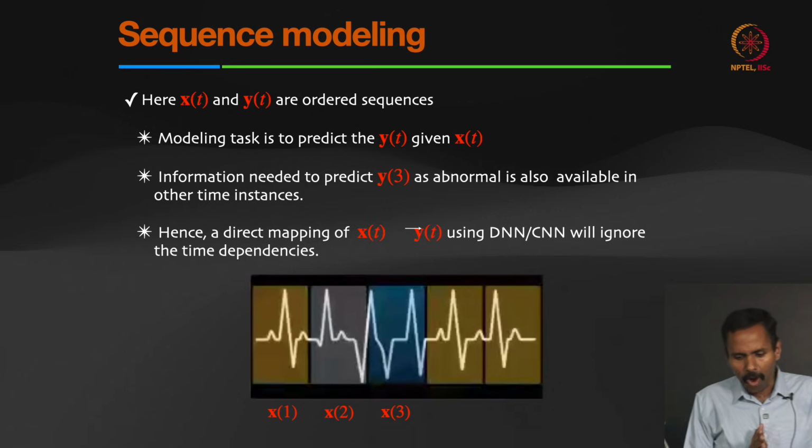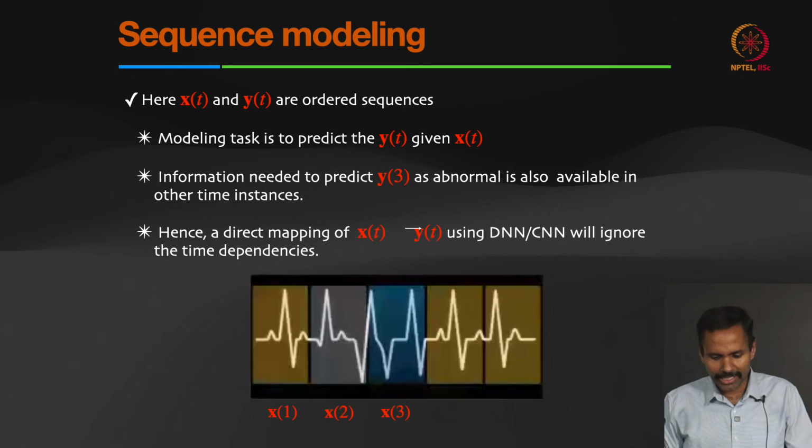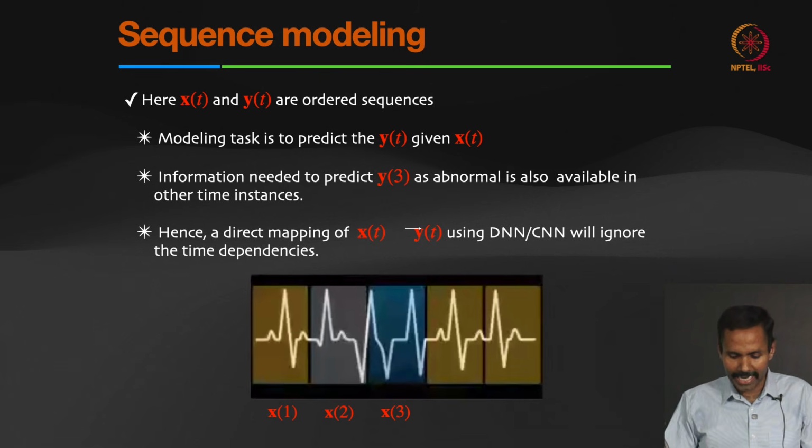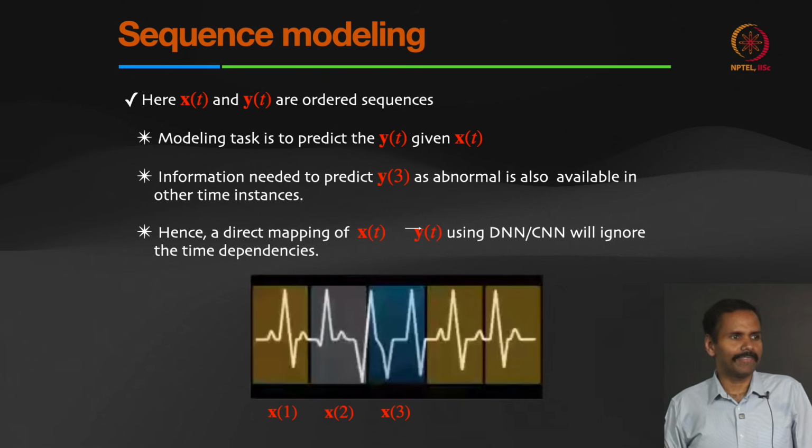Now from a modeling point of view, if I say that my task is to predict y of t given x of t, right? The information that y3 in this case, based on the ordering you are seeing here, the information that we want to capture through the modeling exercise is that the third time instant started behaving abnormally, but it may not be constrained only to that window of analysis.